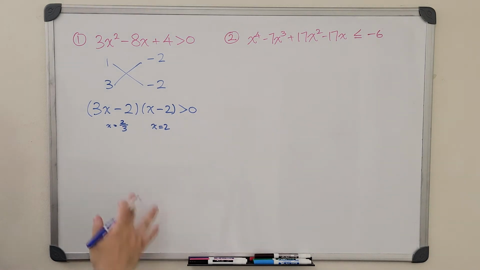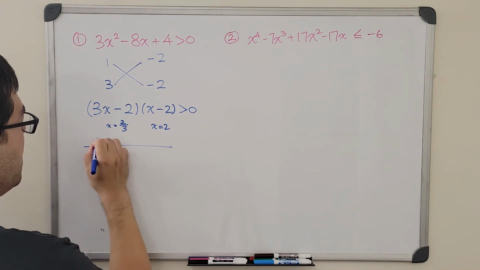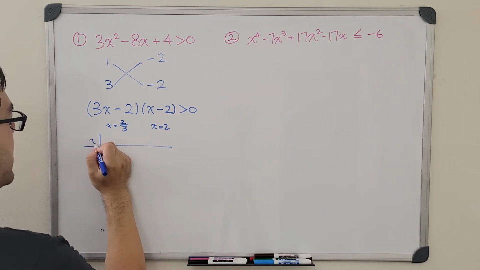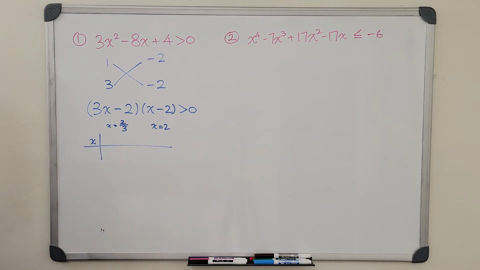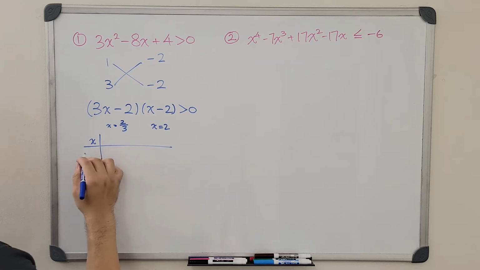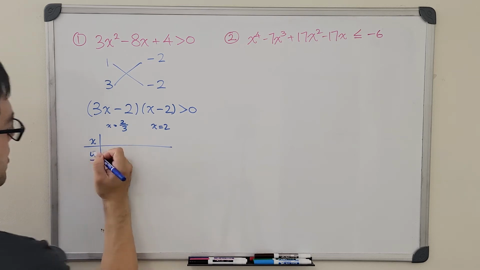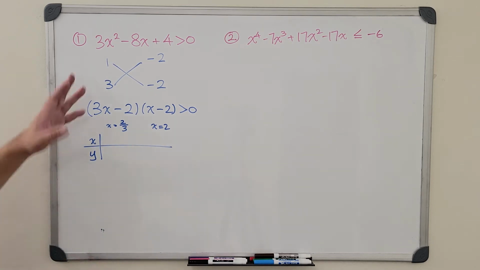Why do these two matter? Because what we're going to do the following is we're going to make a table, and then for the first row we call it x, which will be the x values up here, and then for the second row we can call it y, or some people will just call it f of x if you want to set it as a function, doesn't matter.